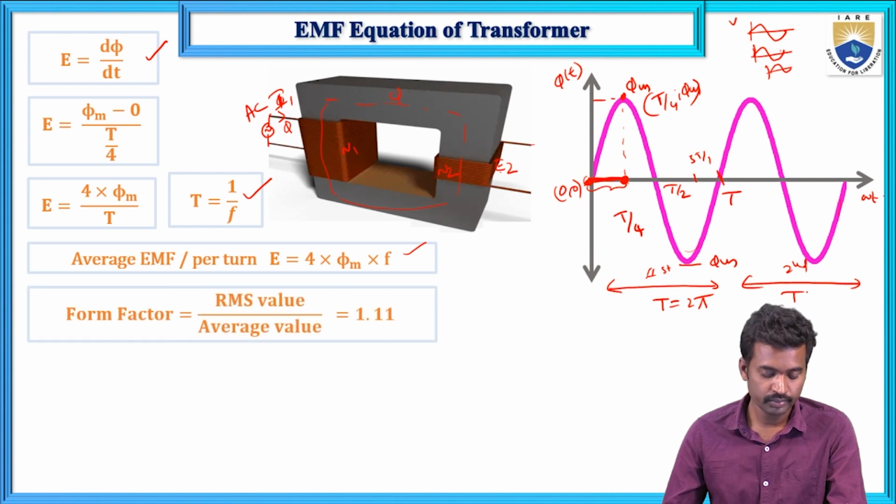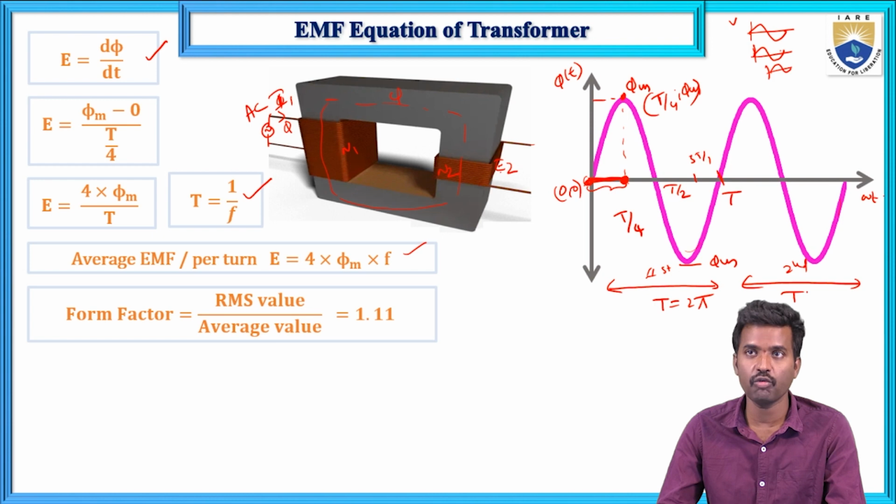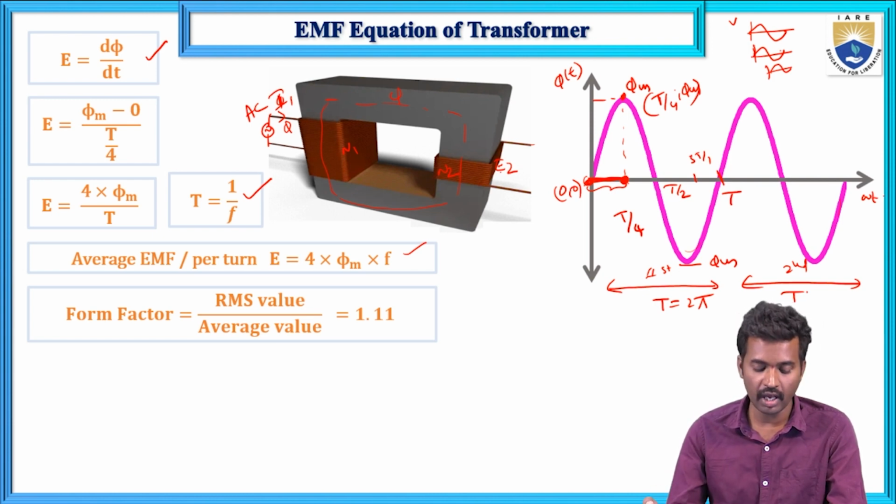So now here, the form factor for our sinusoidal waveform. This one I also explained. In the next slide I will explain this form factor for the sinusoidal waveform, 1.11. Don't worry.